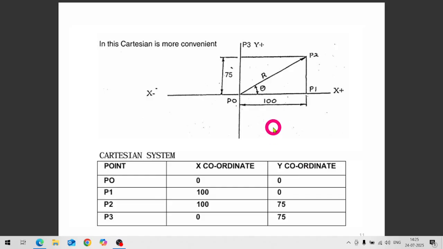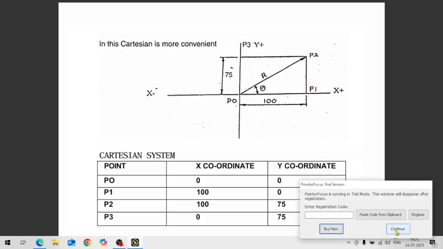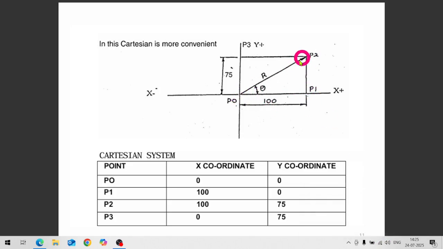And if you want to define this also in polar, so this P0 is 0, 0. Then for P1, r theta we take it, r radius is 100 mm, r 100, theta is 0, means 100 and angle is 0. And how we define this P2 in polar? R theta means this is radius r, and this angle is theta. So r theta, these are the coordinates of point P2.